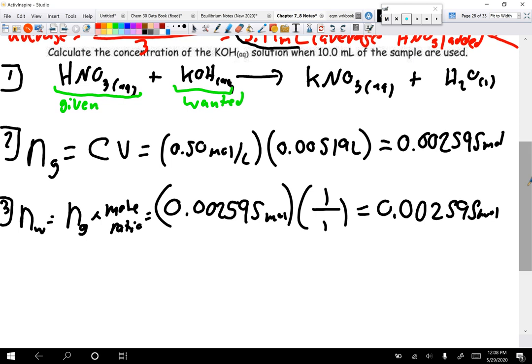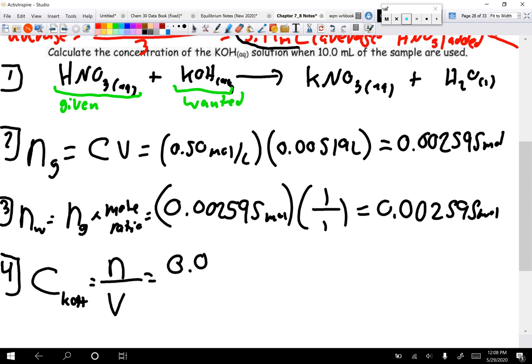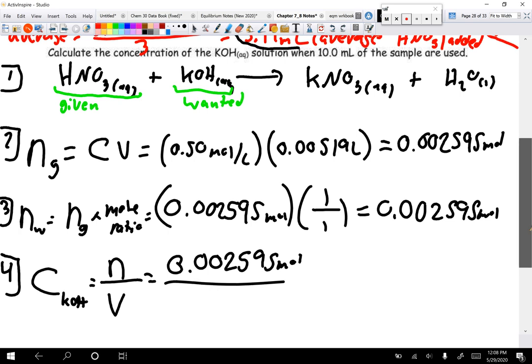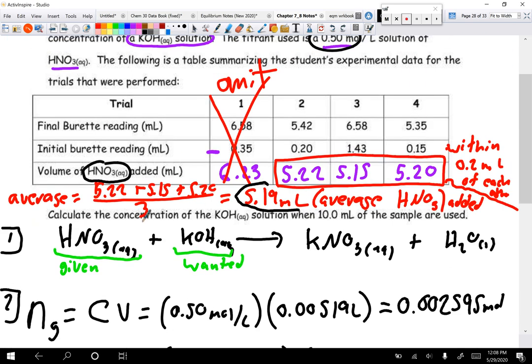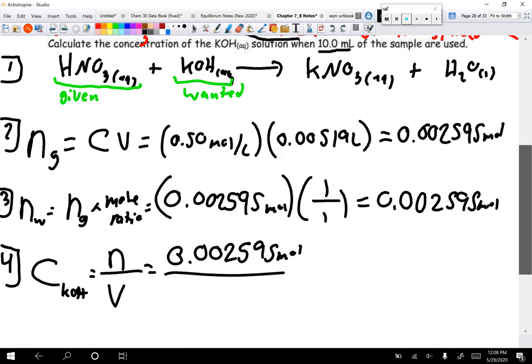Finally, step 4 in stoichiometry, solve the problem. So the problem is concentration of our wanted, or KOH. Remember, the formula for concentration is number of moles divided by volume. So number of moles we just calculated in step 3 over the volume. So once again, what is the volume of KOH? We go back and reread the question where it says calculate the concentration of KOH solution when 10 milliliters of the sample are used.